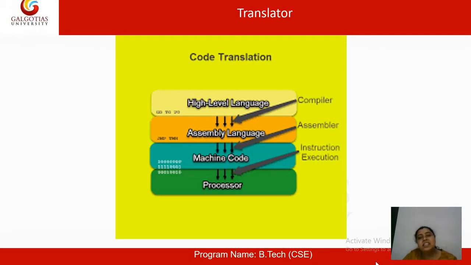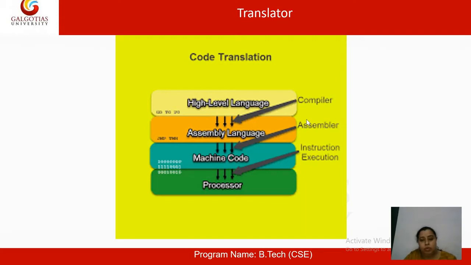So first understand how these languages are translated. A high level language is translated to an assembly level language, and this is done by the compiler. An assembly language is translated to a machine code. This is done by the assembler. And then machine code is the one which is understandable by the processor, which is in the form of zeros and ones, right?